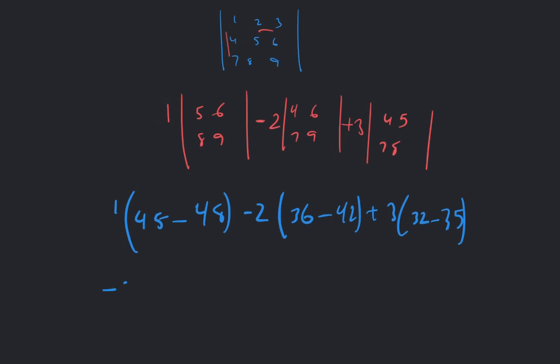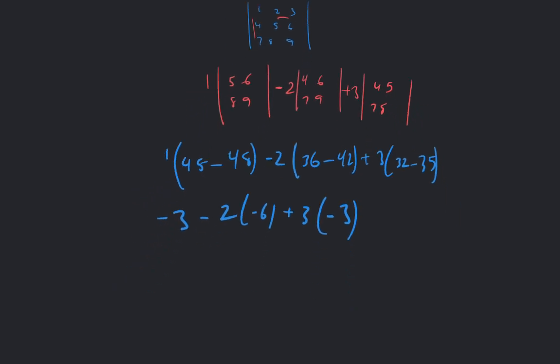So we have negative 3 here, minus 2 times negative 6, plus 3 times negative 3: negative 3, plus 12, minus 9. And this all adds up to 0.